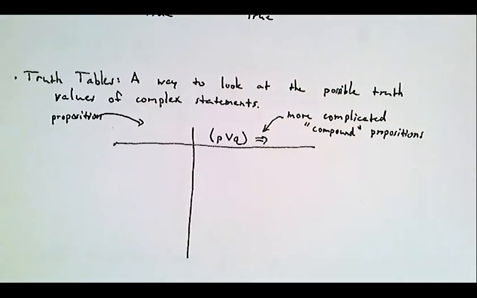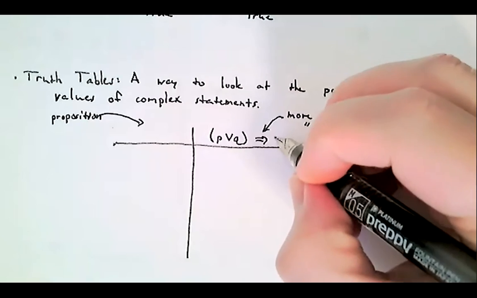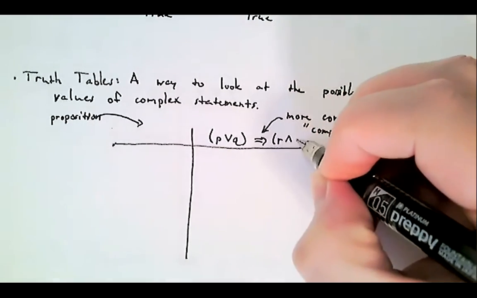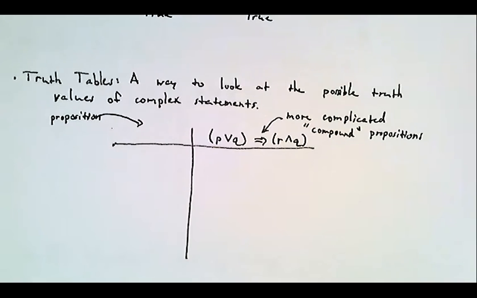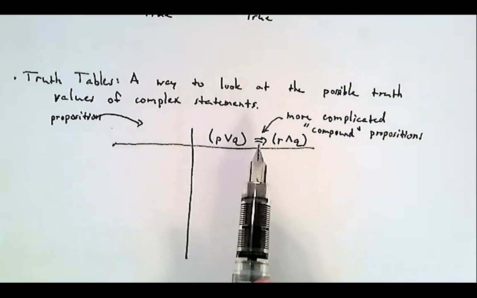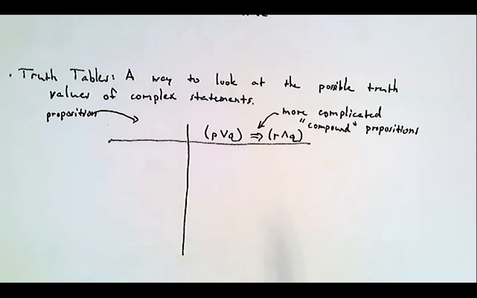Like here's another symbol that we haven't seen. This one is an implication. Maybe I have R and Q over here. So this is a complicated thing. You don't even know one of the symbols yet. We'll get there. But a truth table is going to let us break it down.